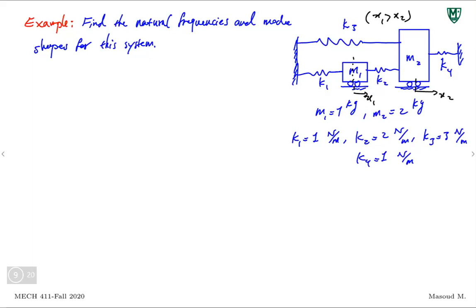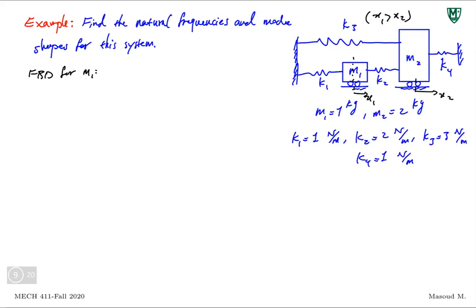Let's draw the free body diagram for M1. This is the part where a lot of mistakes happen. I explained this before. X1 is greater than X2. So assume that the one with lower amplitude is fixed when you're looking at the one with higher amplitude.